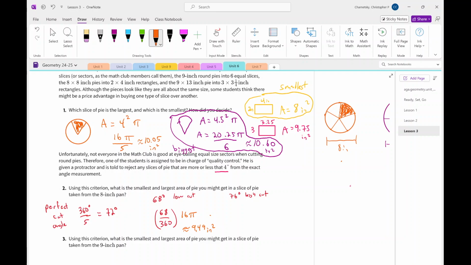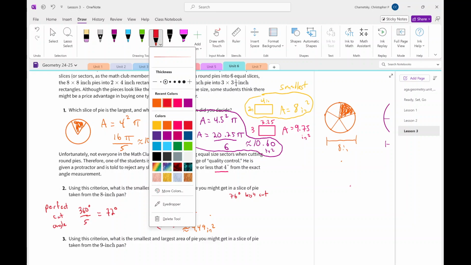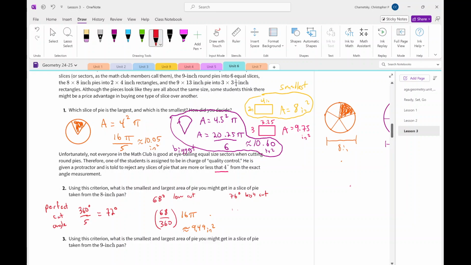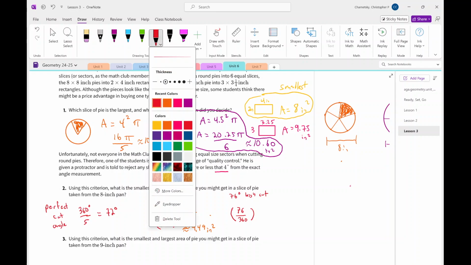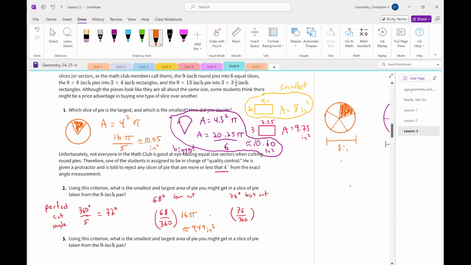But what happens if we cut it a little bit big, 76 degrees? Well, same process. Instead of 68 out of 360, we're going to do 76 out of 360 and multiply that times the area of our entire pie, which is 16 pi.